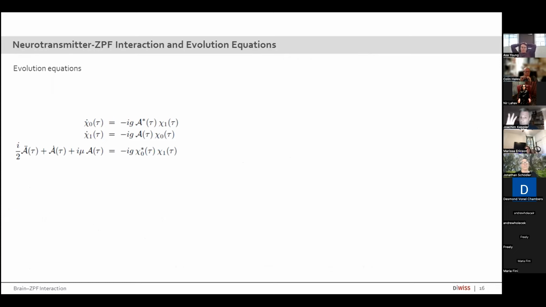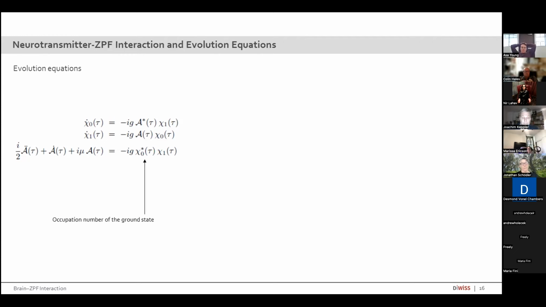I will be relatively brief, and I just want to convey the main ideas behind these calculations. So what we find is that the quantum field theoretical treatment of the neurotransmitter, specifically the glutamate zero-point field interaction, leads to a coupled system of evolution equations.